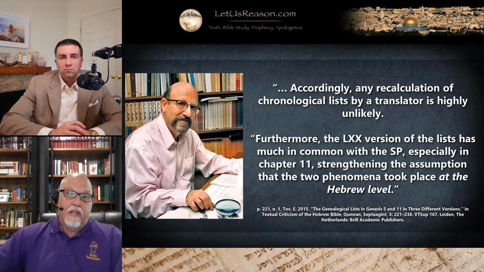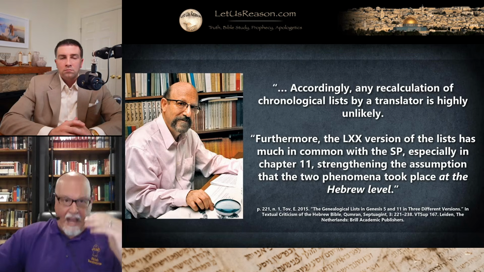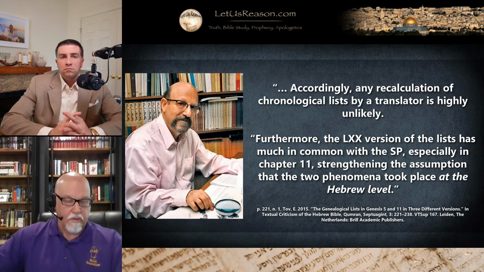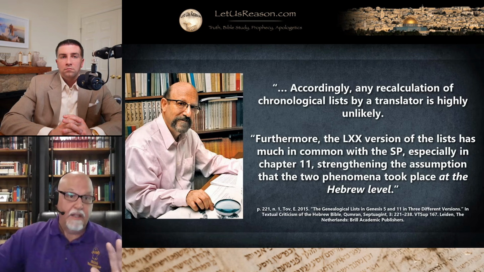And then the Septuagint version, as you alluded to, has much in common with the Samaritan Pentateuch, especially Genesis 11. So that strengthens the assumption that the phenomenon took place at the Hebrew level. So the evidence is pretty strong that the Septuagint translators did not change the numbers. So that theory, in my judgment, doesn't work. The numbers were in the Hebrew text.